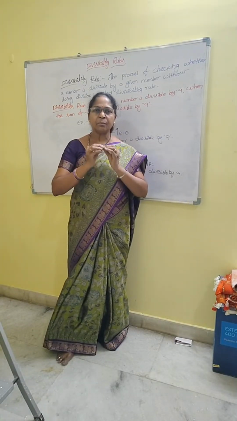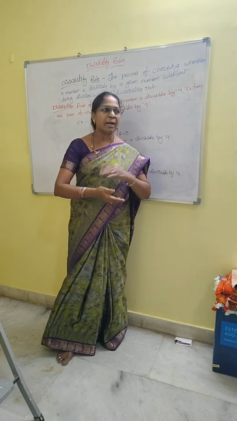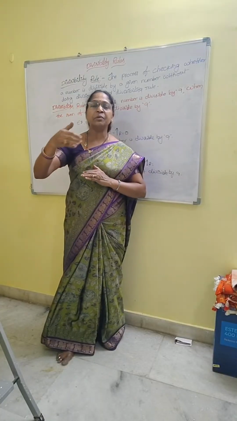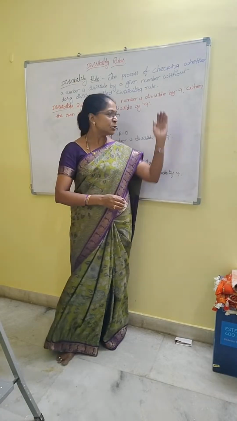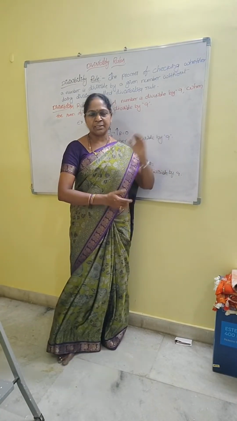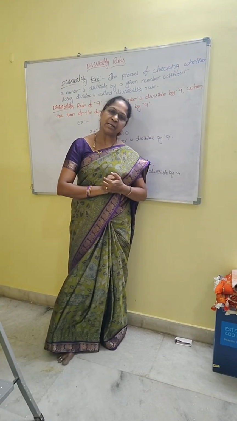And this is most useful in competitive exams also. This is basic math of the 5th or 6th class, but it is more useful in the higher classes. Especially in competitive exams, you can get 1 or 2 questions on this concept only, so please concentrate.